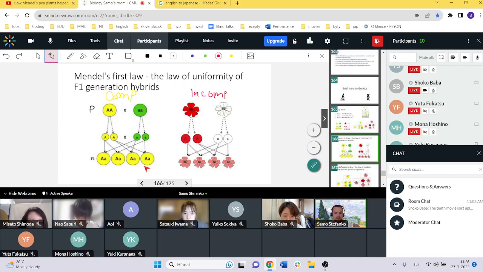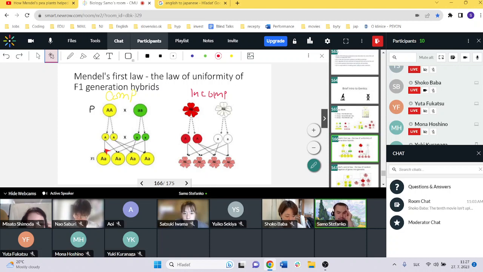What does it mean? The gametes from father and mother were combined, and all of the offspring of two homozygous parents will be uniform, but they will be heterozygous.